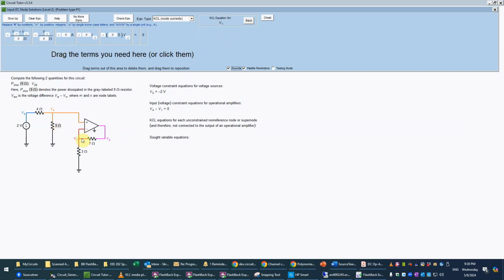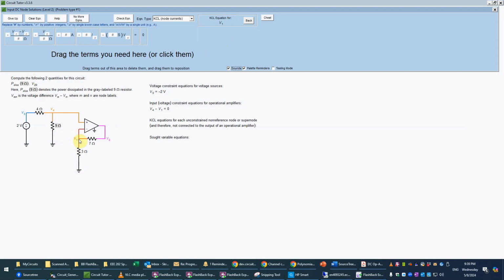And basically, remembering that the current here into the negative input is exactly 0 in an ideal op amp. Real op amp, it might be on the order of picoamperes or something like that, but it's negligible for our purposes. And so we need to add the current, for example, leaving that node, say through the 3 ohm resistor, which goes to ground.